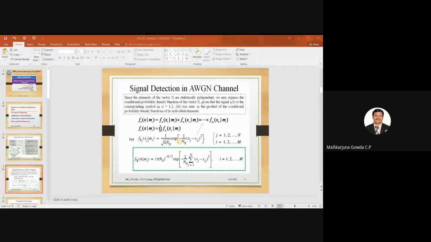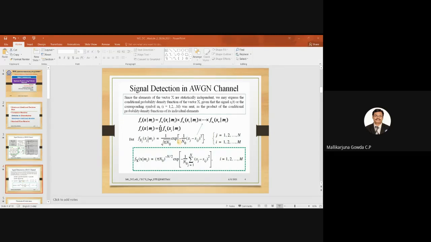So this is what I discussed yesterday. That is signal detection in the additive white Gaussian noise channel. We already know that the outputs of the correlator, that is the vector x, are statistically independent, right?